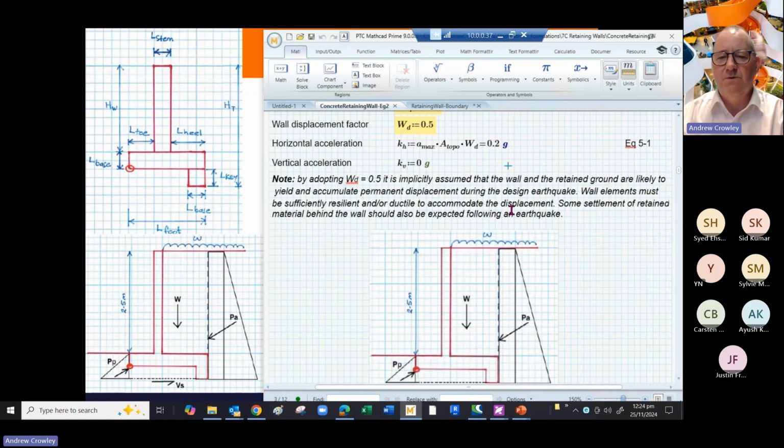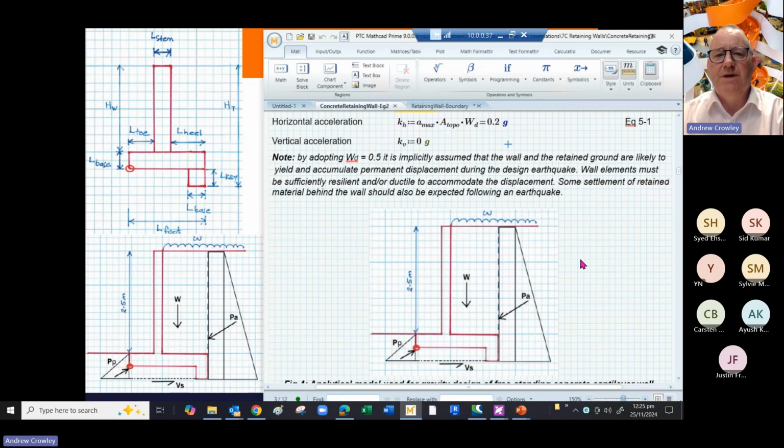There are nearly always vertical components to your earthquake action, but for most of our designs, we tend to ignore them because they're usually quite small. Because we've adopted a WD of 0.5, we're assuming that the wall and the retained ground are likely to yield, and that because of that, you're going to get permanent displacement behind the wall during the design earthquake event.